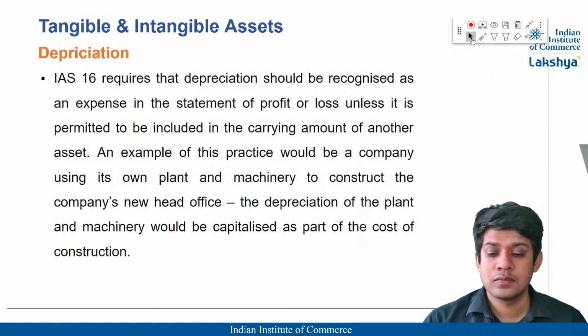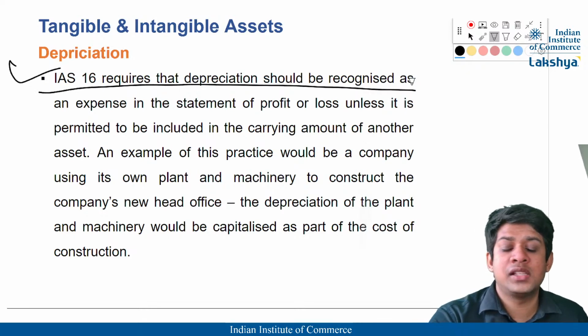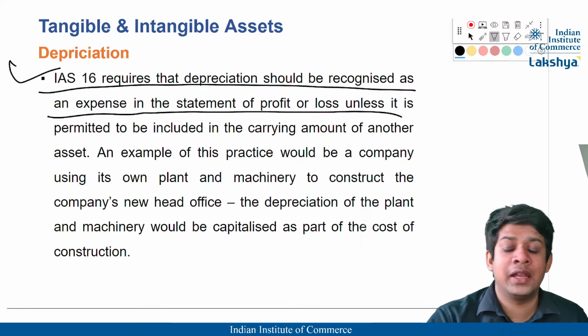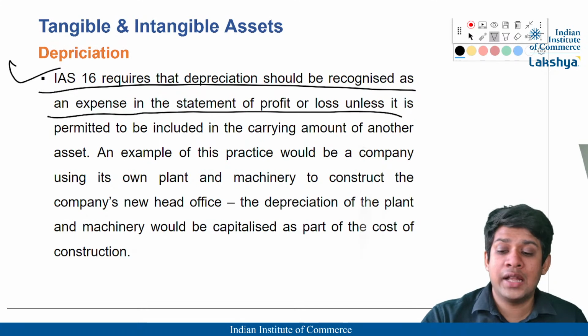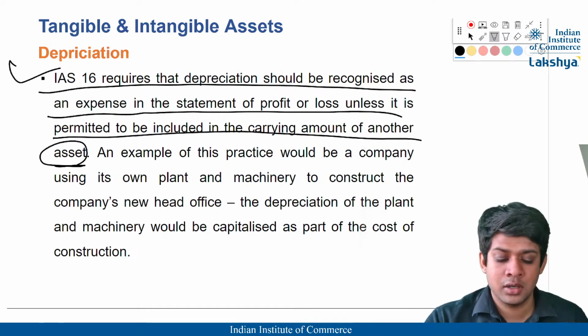Now, guys, IAS 16 requires that depreciation should be charged as an expense in the P&L, that I already told you, unless it is actually permitted to be included in the carrying amount of another asset.